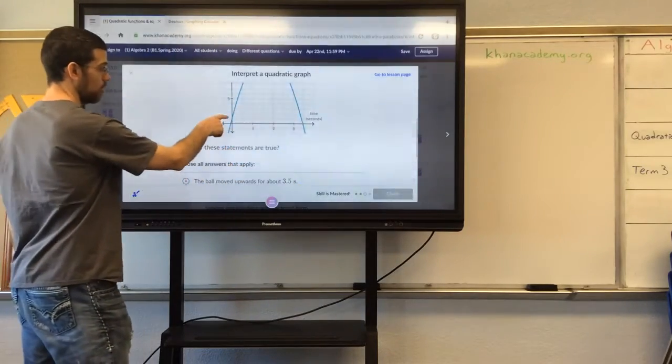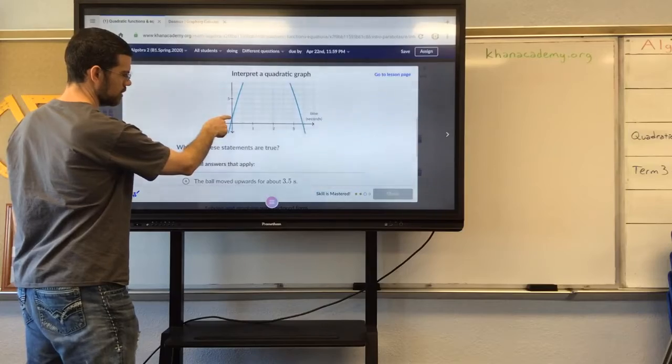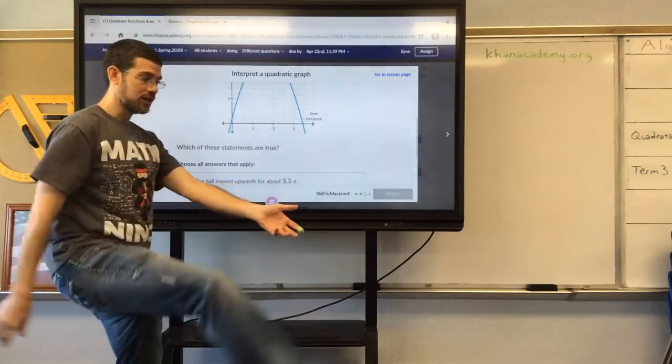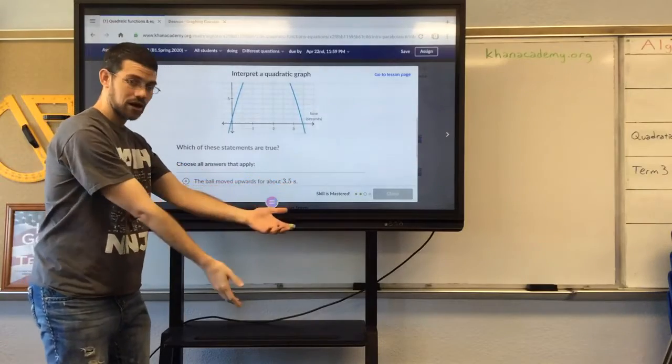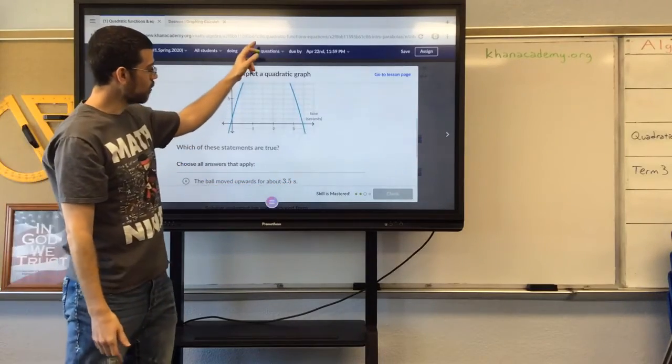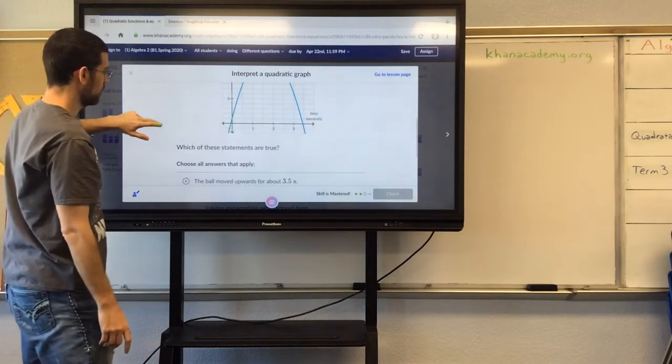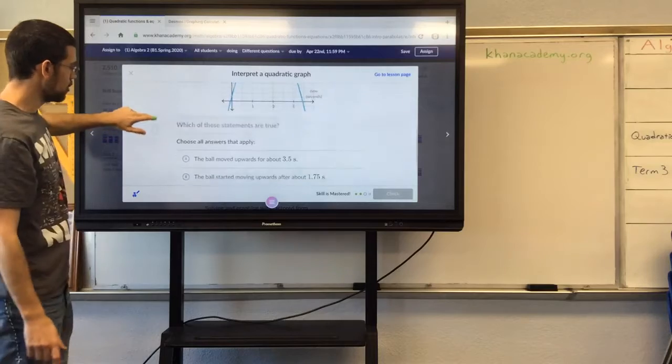So the ball starts here. This is interesting. The ball doesn't start on the ground. It starts here. She kicks it, right? So it's not on the ground when it starts. It goes up for a while, then it comes down, and eventually it hits the ground. Choose all answers that apply.